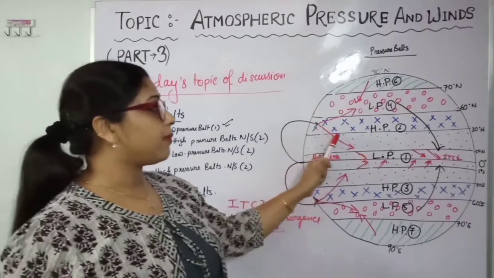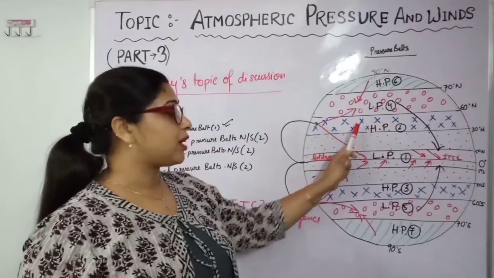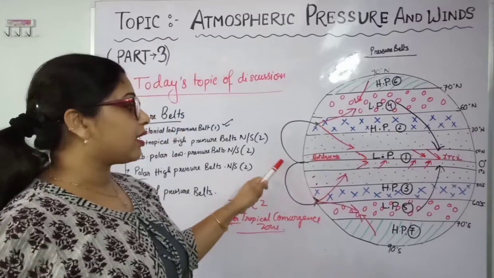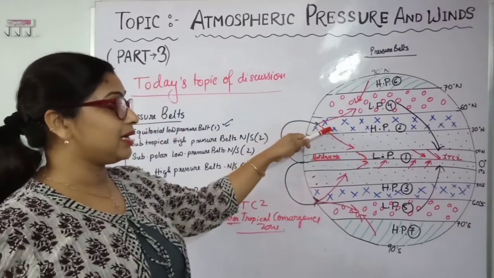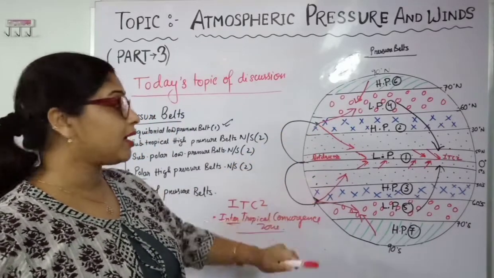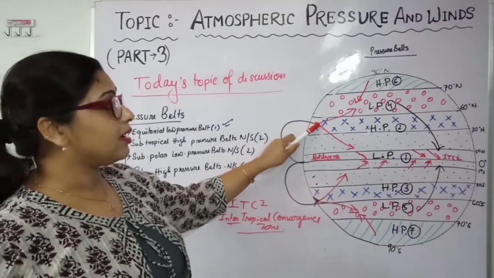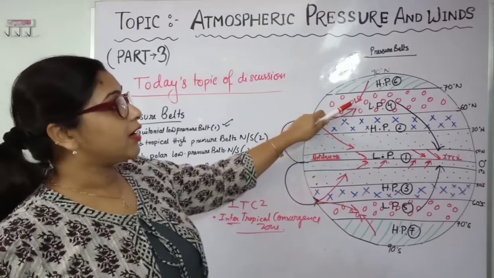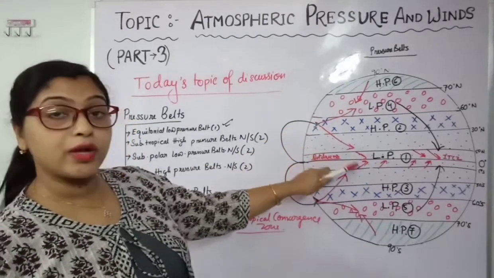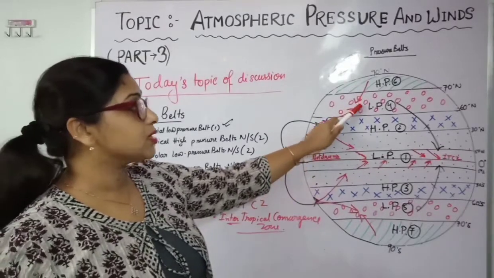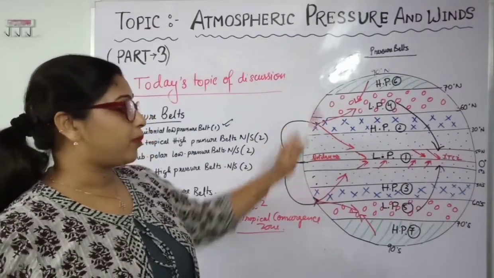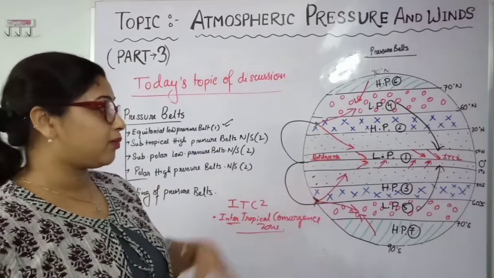Next I have explained about the subtropical high pressure: the ascending air from the equatorial region descends in the subtropical high pressure zone, and this subtropical air again divides into two branches, one going towards the equator, another going towards the subpolar low pressure, the same in both hemispheres.